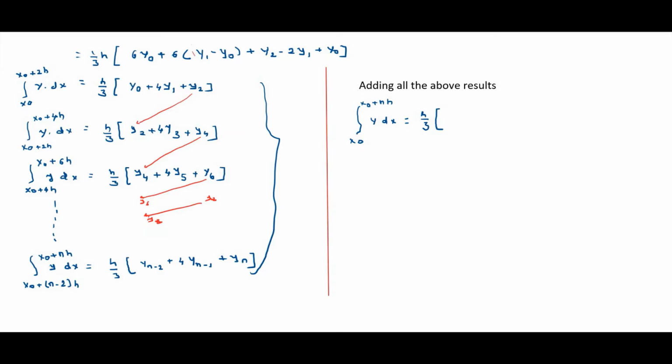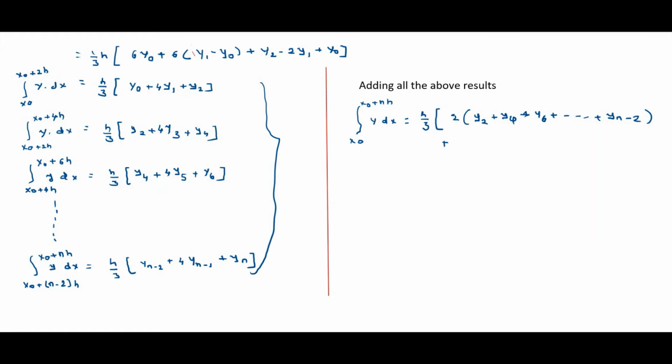So we can write it as 2 times the bracket y2 plus y4 plus y6 plus and so on, up to the last term yn minus 2.